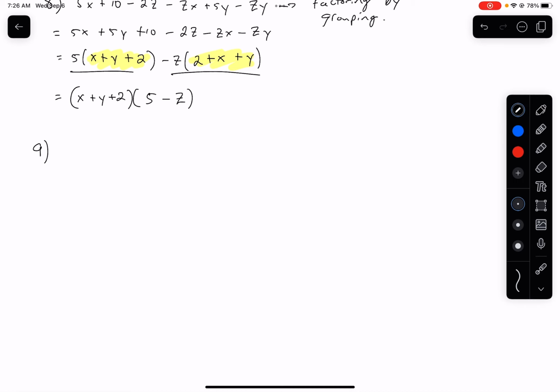Number 9 is x squared plus xy minus 12y squared. Okay, again, a little bit more complicated, but it's still a trinomial, and specifically it's a simple trinomial. We just have a little bit of an altered process to factoring this. Okay, so what we're going to see here is I'm looking for two numbers that multiply.